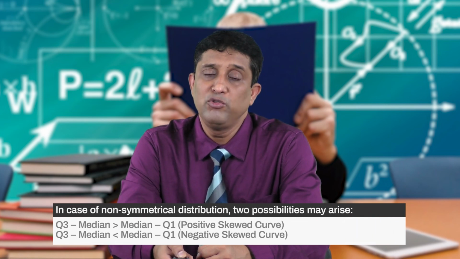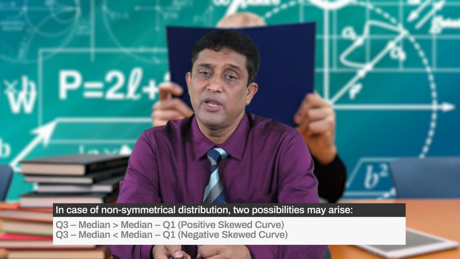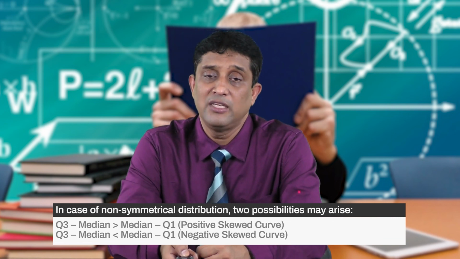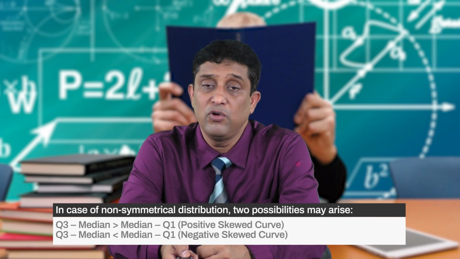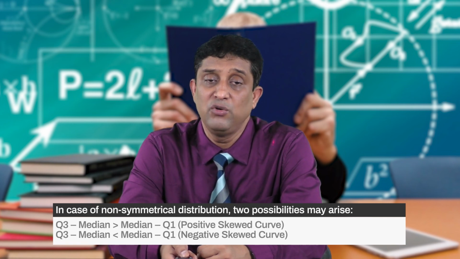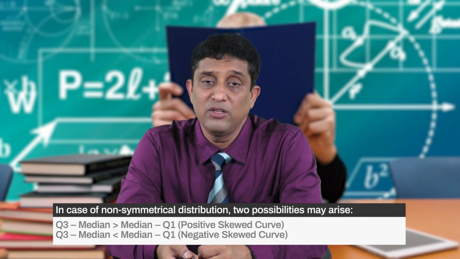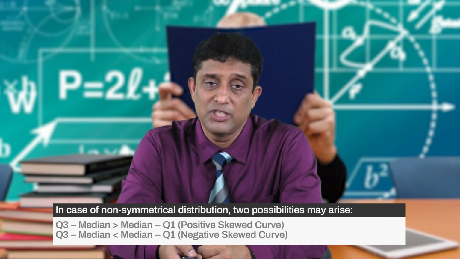Q3 minus median is greater than median minus Q1 if the scores are positively skewed, and on the contrary, if the scores are negatively skewed, Q3 minus median is less than median minus Q1. Okay, so try to understand.